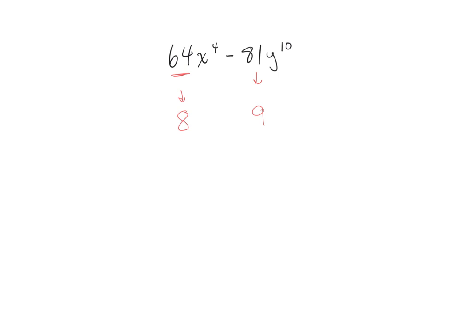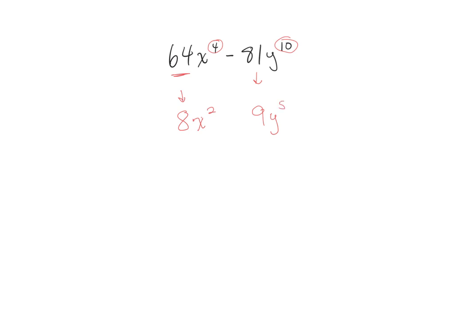Okay, are the powers of, we have x to the 4th and we have y to the 10th. Are they even? Yes. So they were terms that were squared. What's squared to get x to the 4th? X squared. What was squared to get y to the 10th? We divided by 2. Divide 10 by 2. Y to the 5th.